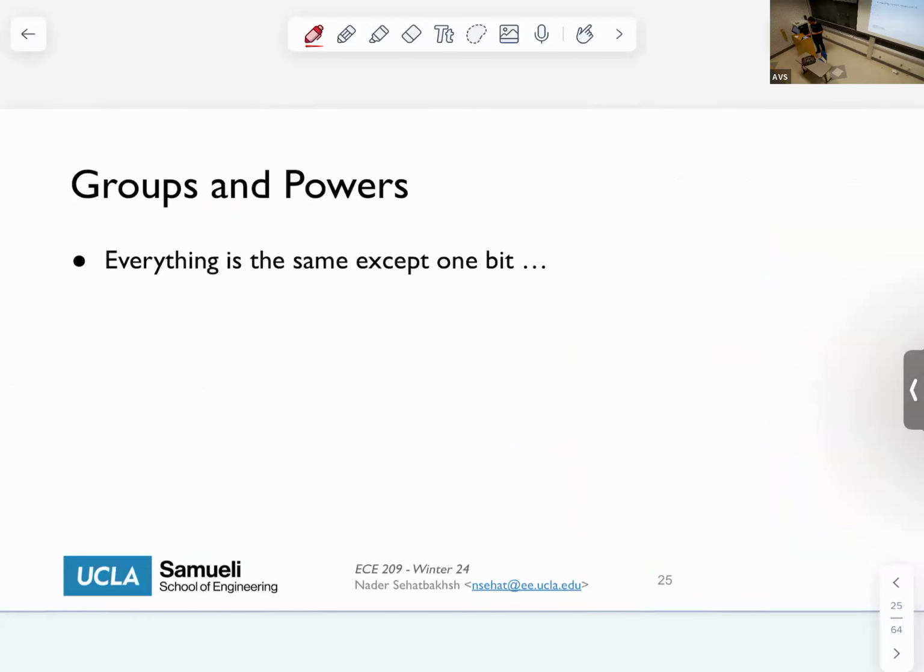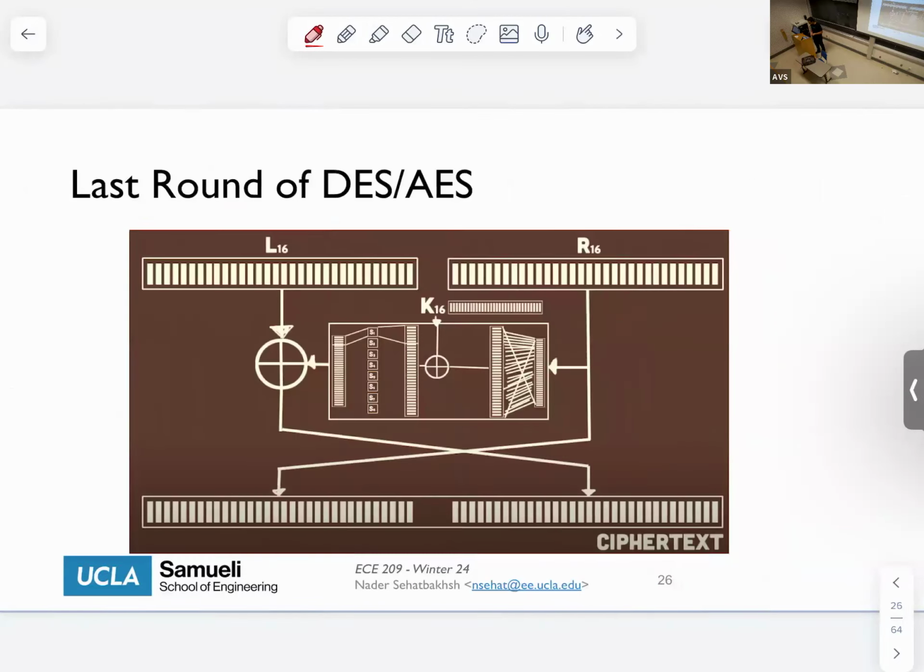So let me give you an example. This is the DES encryption algorithm. It's very similar to AES, which came after it. DES, similar to AES, has multiple rounds, usually 16 instead of 10, 12 or 14.